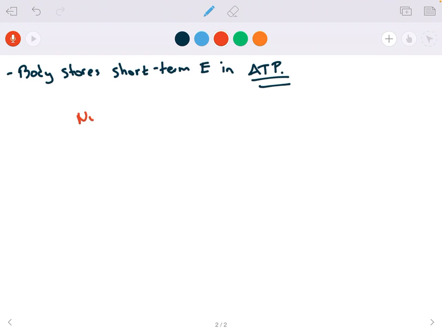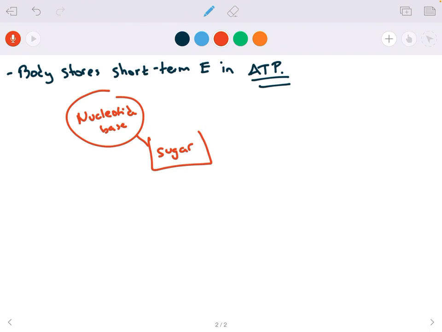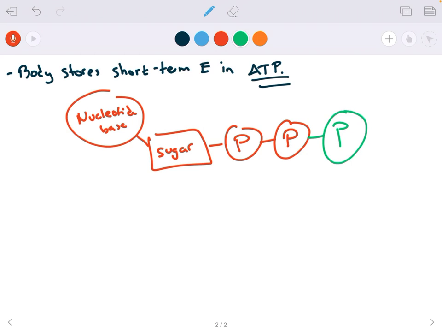So you have your nucleotide base or nitrogenous base over here. Here is your sugar. And then you have phosphate groups. So when I have 2 phosphate groups, that's ADP. If I add a phosphate group onto here, I now get ATP.